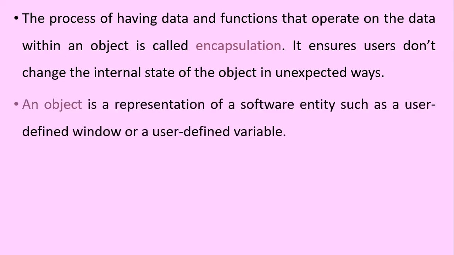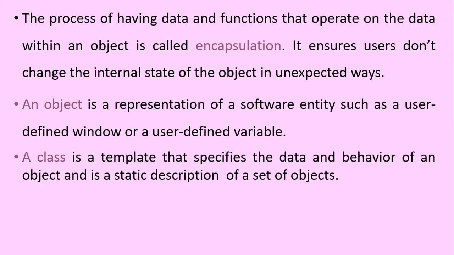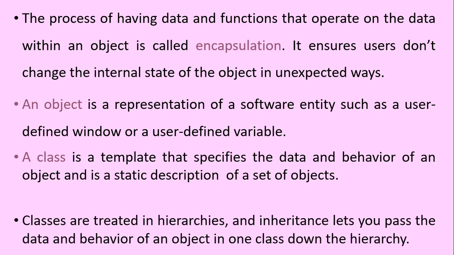On the other hand, an object is a representation of a software entity, such as a user-defined window or a user-defined variable. Also, a class is a template that specifies the data and the behavior of an object and is a static description of a set of objects. Classes in object-oriented programming languages are treated in hierarchies, and inheritance lets you pass the data and behavior of an object in one class down the hierarchy.